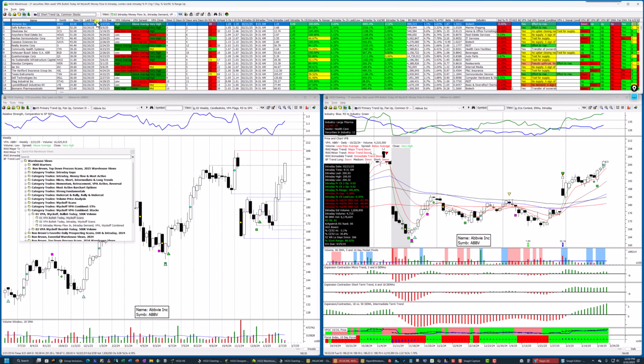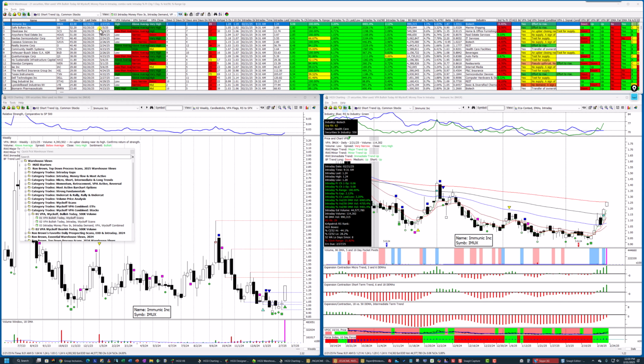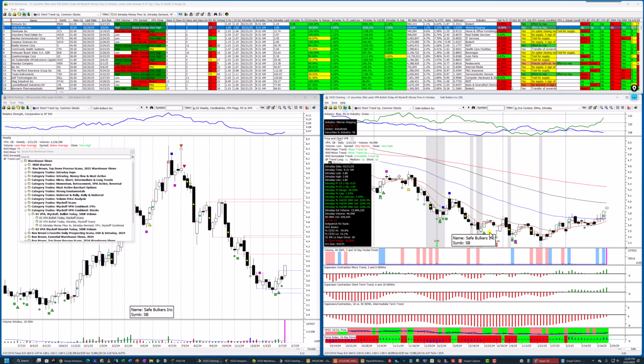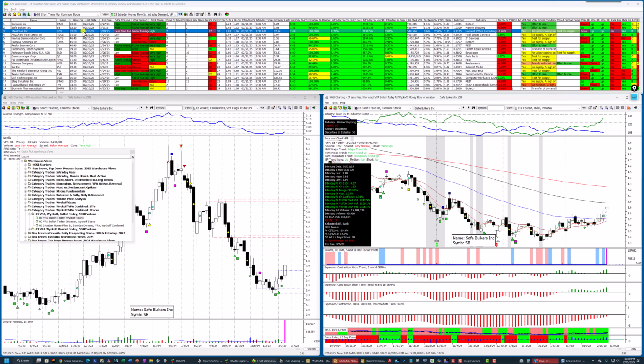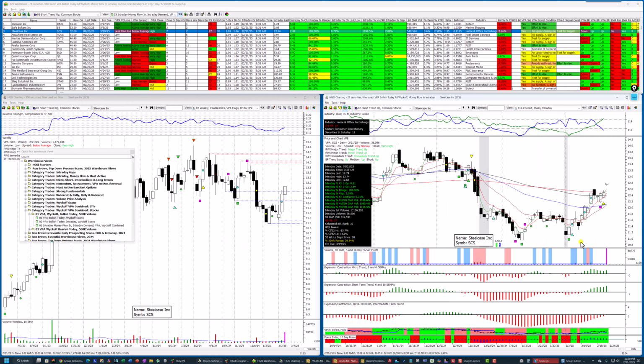Cheap stock, inexpensive stock. If you look down here, you'll see that both of these histograms are positive, and this stock is moving up in a down market. One more. Steel case. 3 crossed the 6 back here.